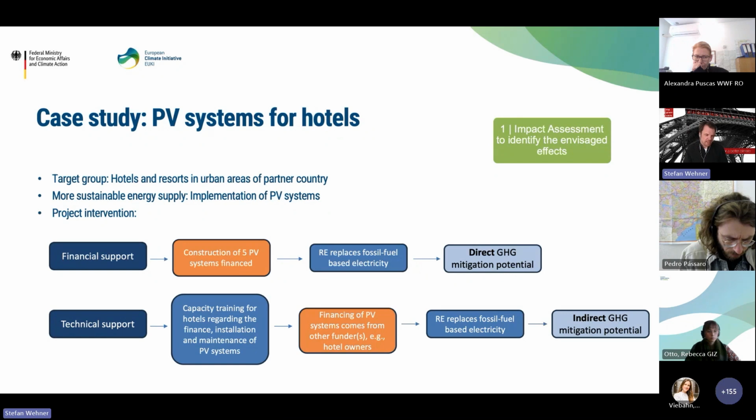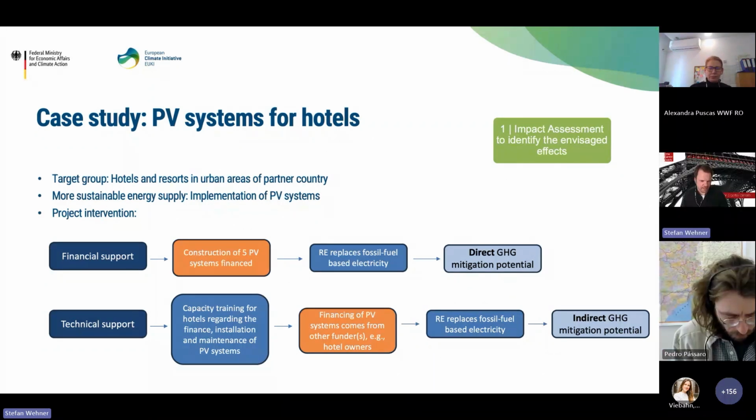The second part of our project, we provide technical support. We have capacity trainings for the hotels regarding finance, installation, and maintenance of these systems. And with that knowledge, and seeing that the pilot system works, the hotels and businesses decide to do the installation themselves.